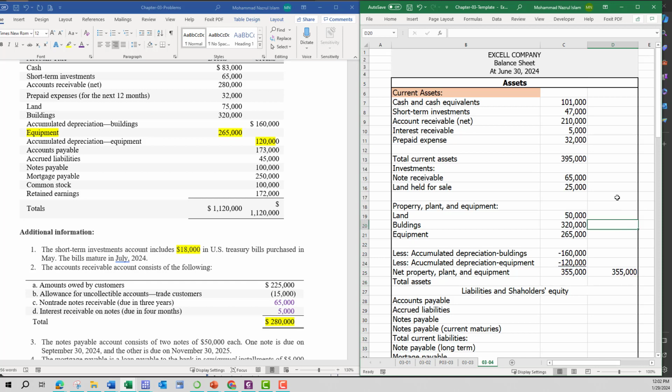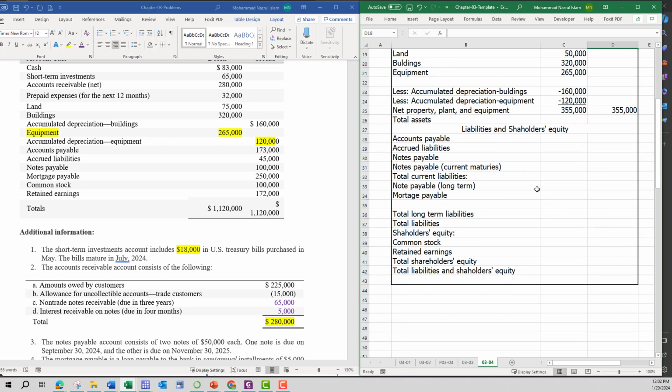And total current assets should be 395. This is the total, and we can write over here total investments. So this is the final column.